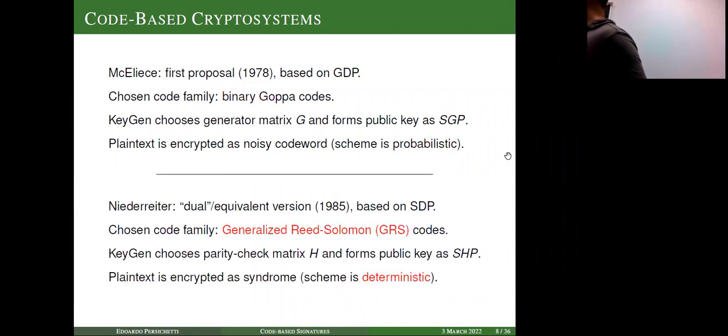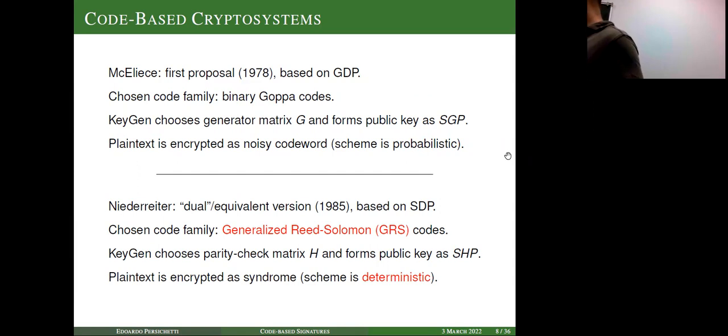On the other hand, you can do something like the Niederreiter cryptosystem, which is usually considered a dual version because it uses the syndrome decoding problem. And Niederreiter initially proposed GRS codes. This later was broken because, again, the codes are too easily recognizable. But the framework works if you just swap out GRS for Goppa or for LDPC or something else, then the framework is sound, right?